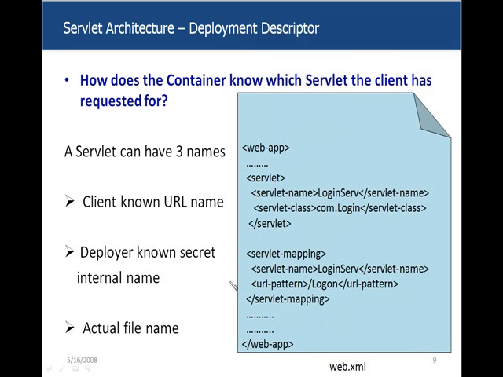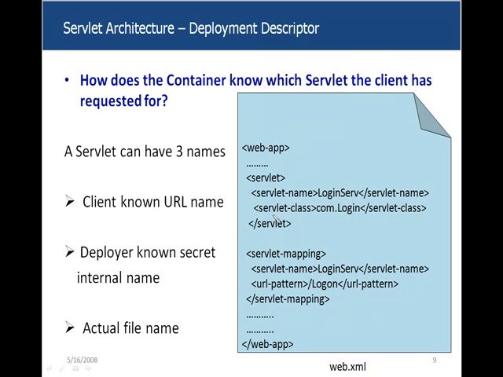Now it goes to the servlet elements. Apart from this servlet and servlet mapping, there might be a number of servlet and servlet mapping elements for different servlets. So it checks all the servlet elements and matches this servlet name with the servlet name in the servlet element. It says, okay, I found a match.